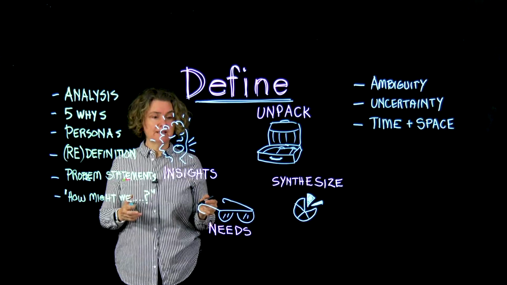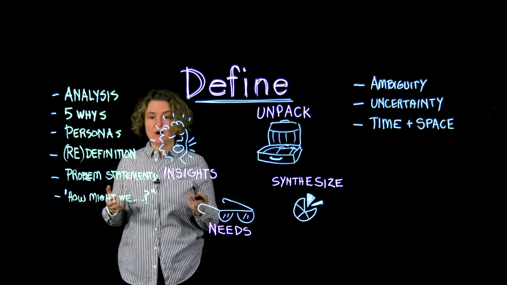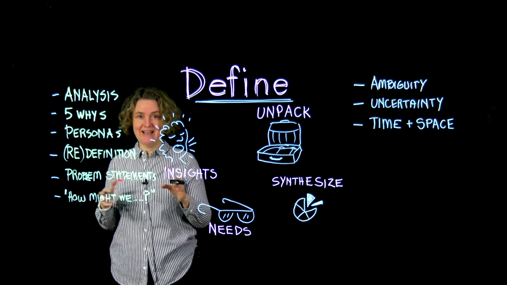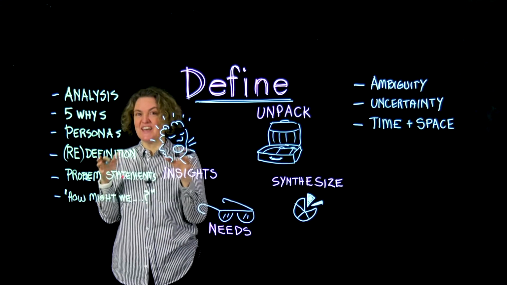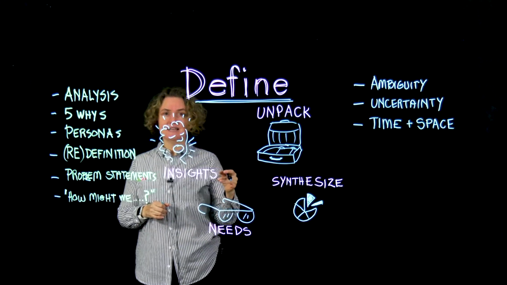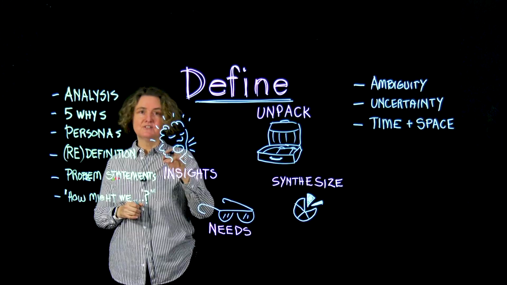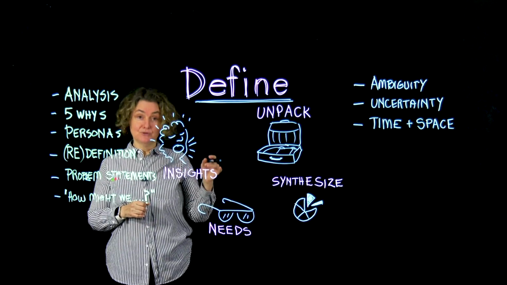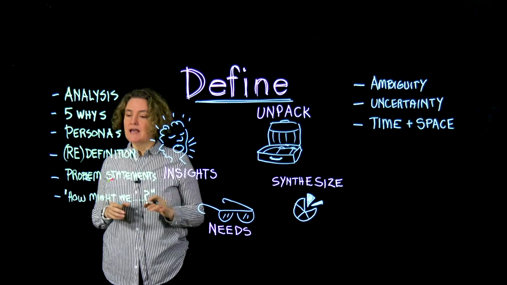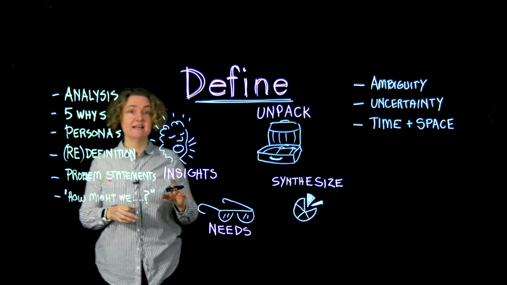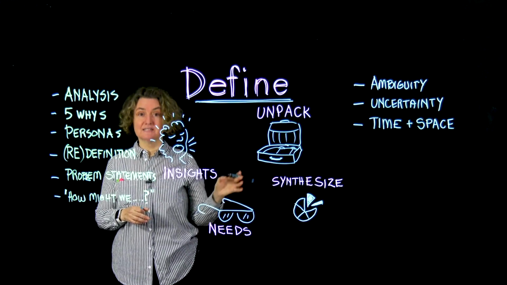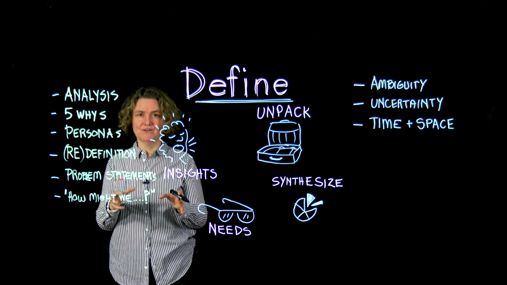So to give a quick example of that, I always love to use international airport security as my analogy or my hypothetical situation. How might we provide a safe, secure, and joyful experience through the airport security? How might we provide a fast, easy, relaxing experience through airport security?